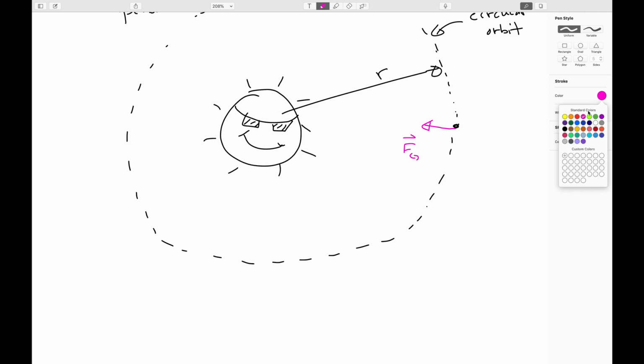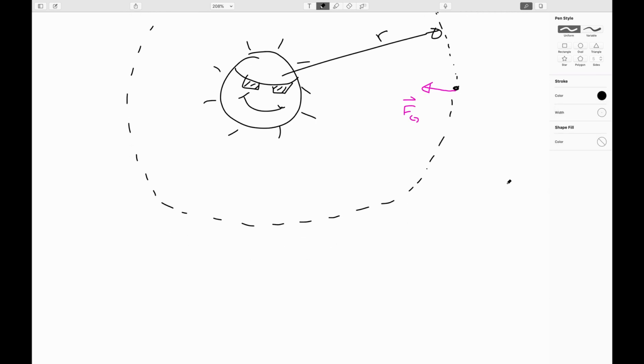So we can go ahead and express Newton's second law of motion here. We can say that the force of gravity would have to be equal to ma. So now we'll put in the force of gravity in its full scary form. We'll say G, I'll use big M for the mass of the sun and little m for the mass of the planet.